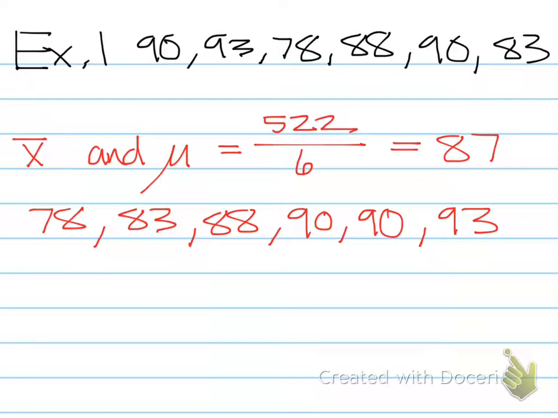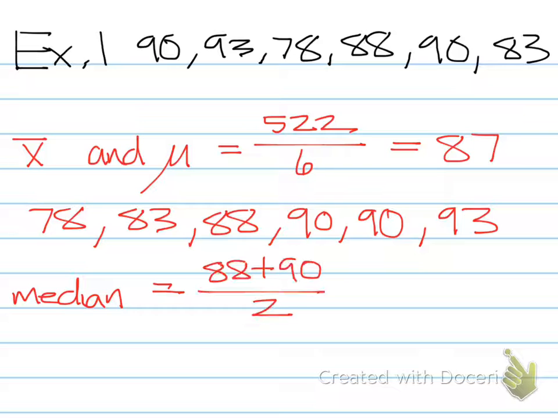Now to find the median, we need to arrange the values in order. And we have an even number of numbers, so there's going to be 2 middle numbers. So the median is going to be the average of those 2 middle numbers. 88 plus 90 divided by 2, which is 89. And the mode is the number that occurs most frequently, which is 90.